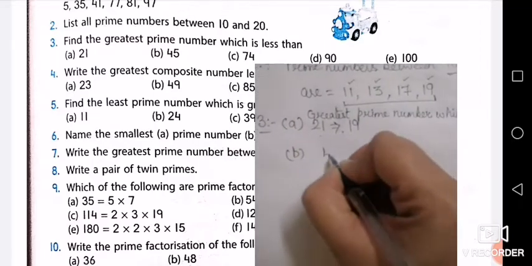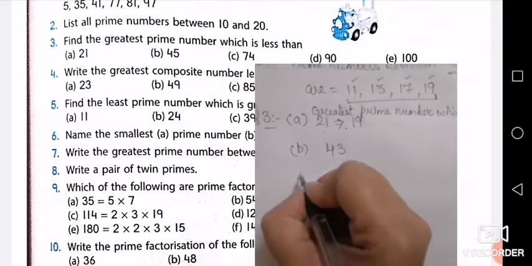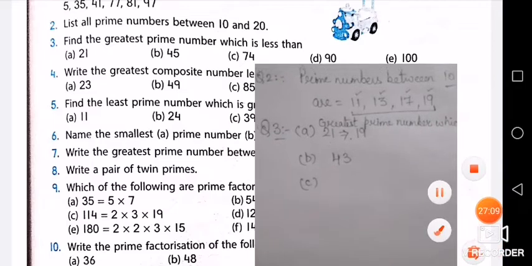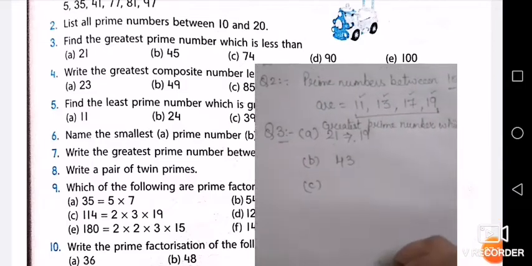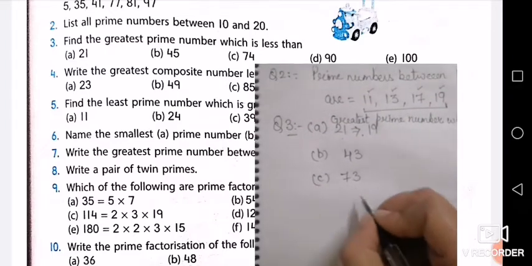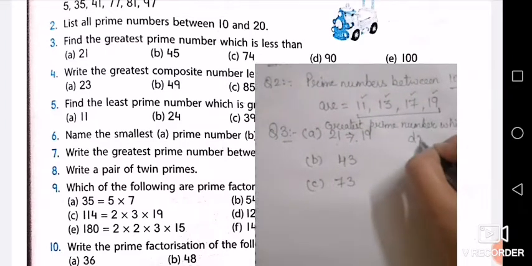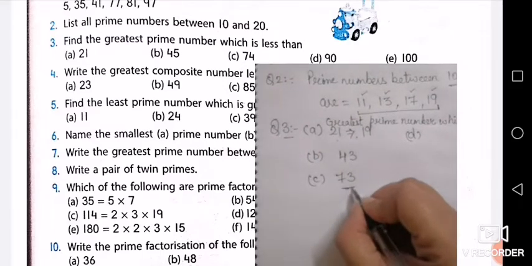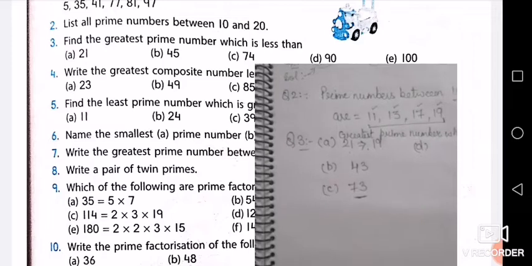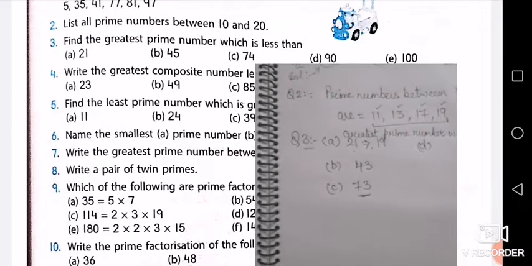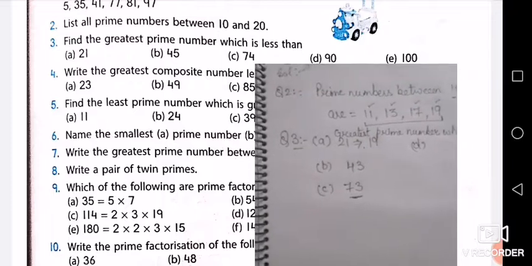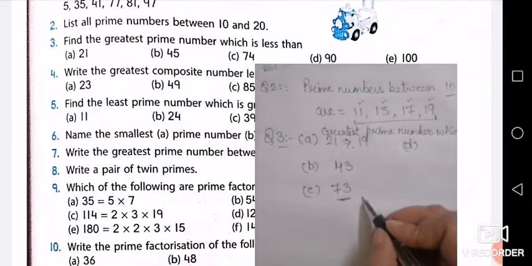Yes, 43 is a prime number. C part 74. Now before 74 you have 73, which is a prime number. How am I getting that 73 is a prime number? Because in any table from 1 to 9, or in fact in 10, 11, 12, 13, we are not getting 73 in any table. So 73 will become a prime number.